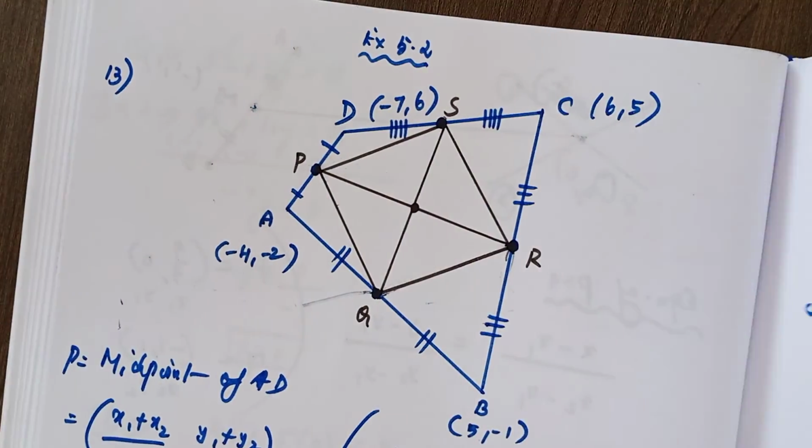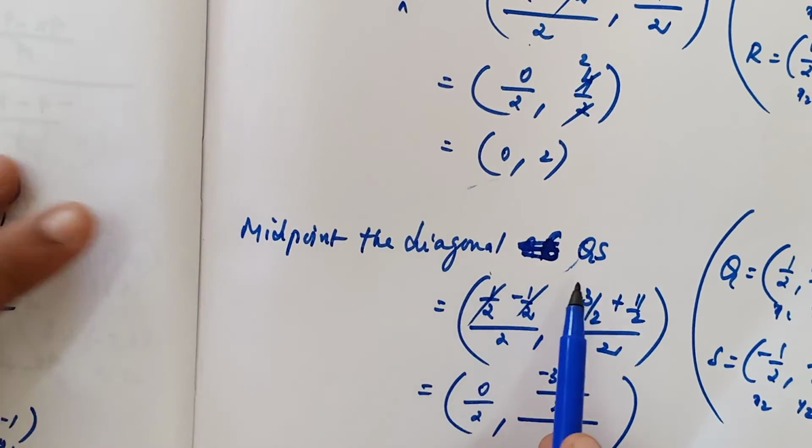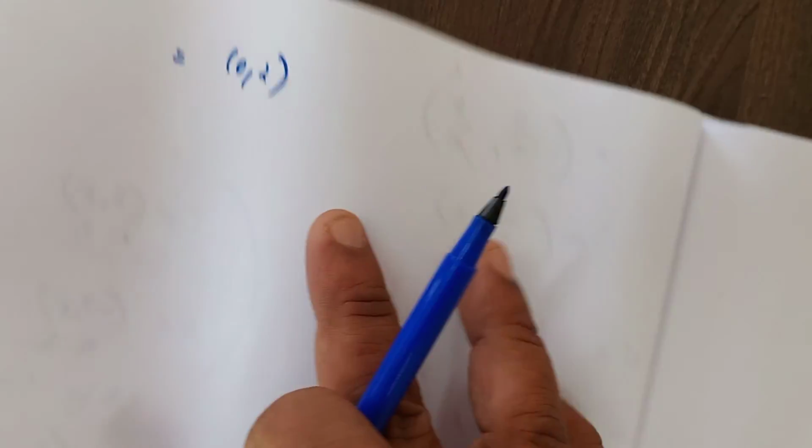See, look at that, midpoint of PR is equal to (0, 2), midpoint of the diagonal QS is also (0, 2).